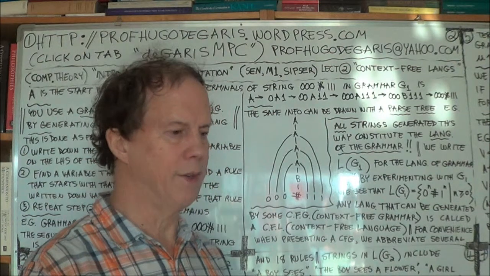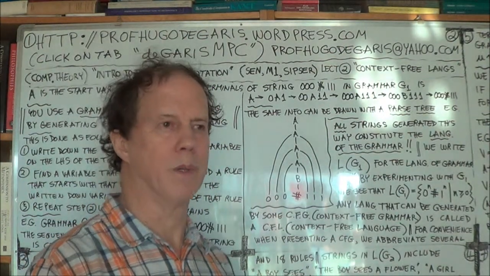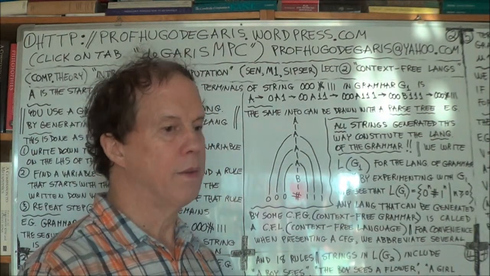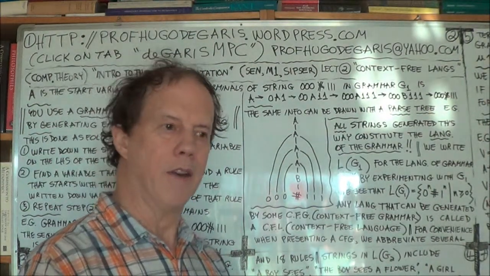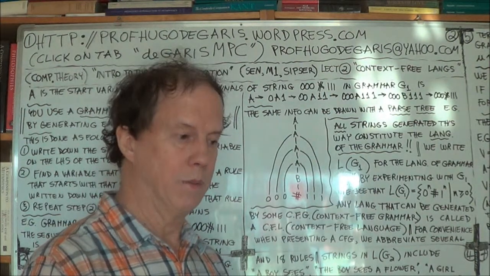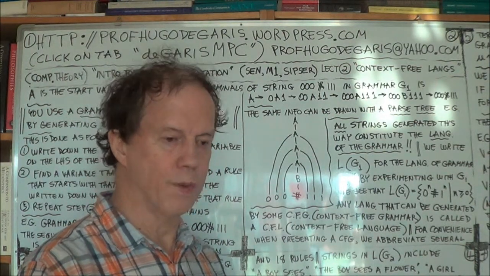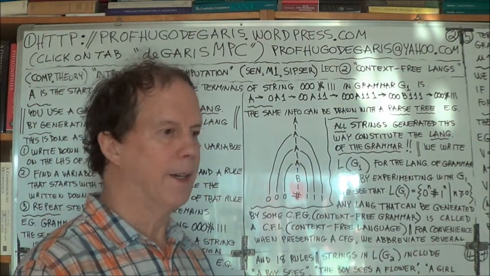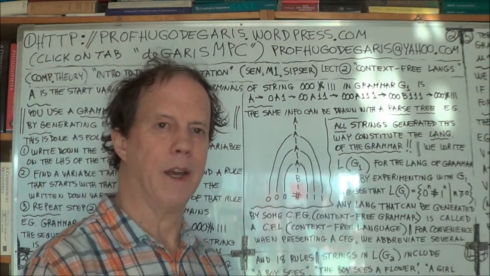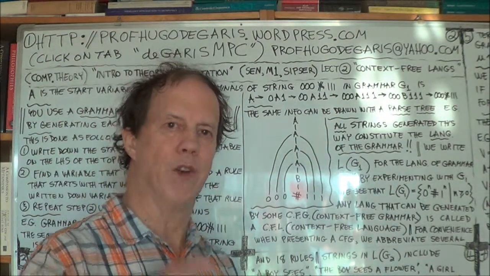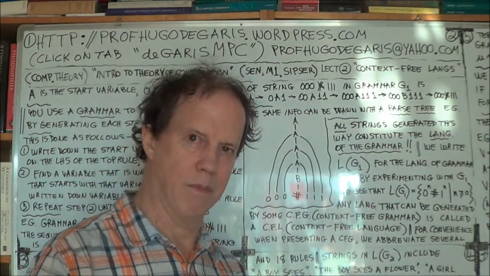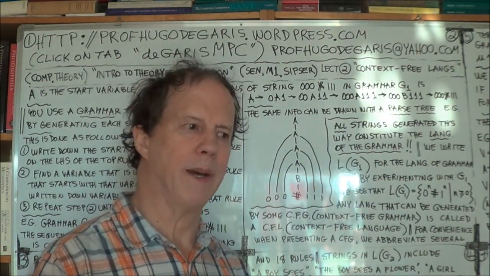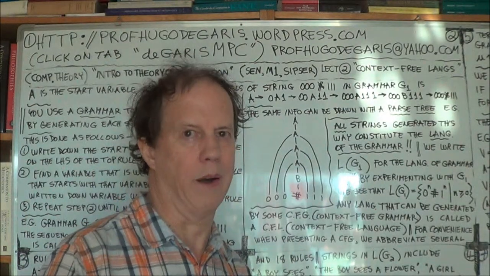Say you have two rules, and the left-hand side of both of them is the same variable, let's say A, and the first rule is A arrow B, and the second rule is A arrow C. Well, you can write those two rules as one line, in the following way: A arrow B vertical bar C. Now, when you see the bar, interpret that bar as OR.